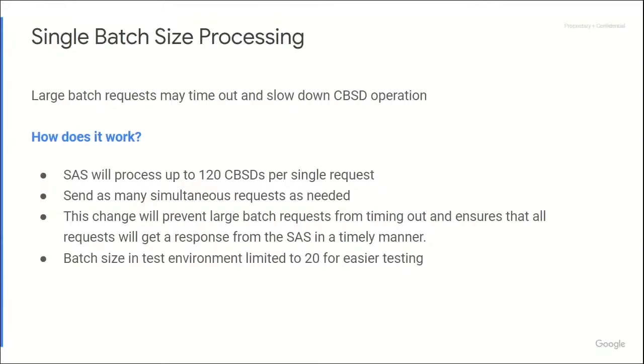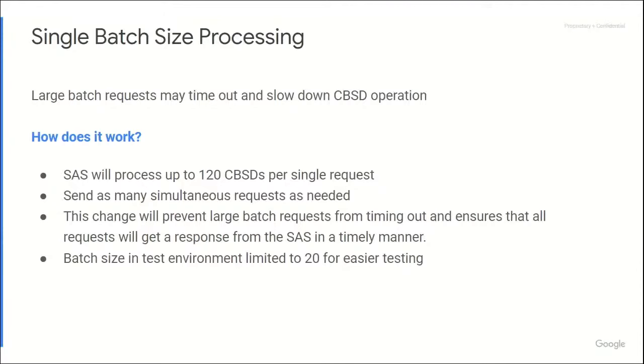Now you can send as many simultaneous requests as you want. So for example, if you had 240 CBSDs, you would send 2 batch requests with 120 CBSDs at the same time, and we'll process that. But for any number larger than 120 CBSDs, only the first 120 will be processed.